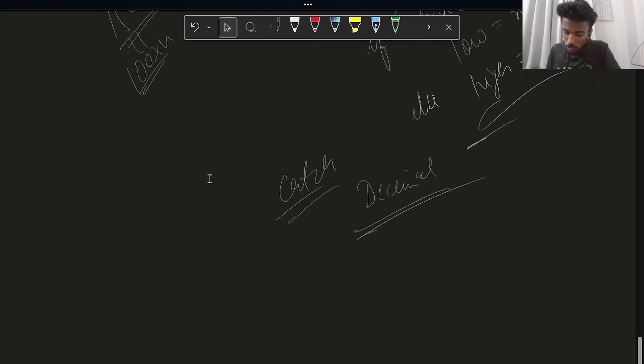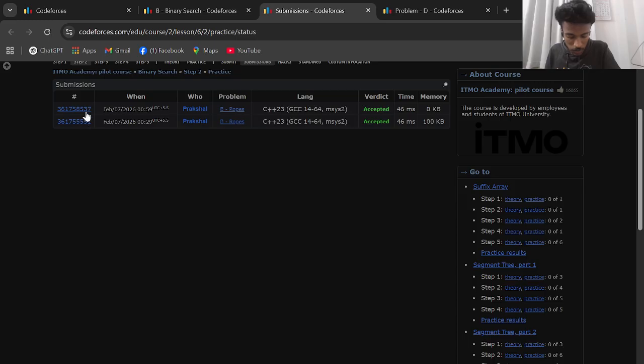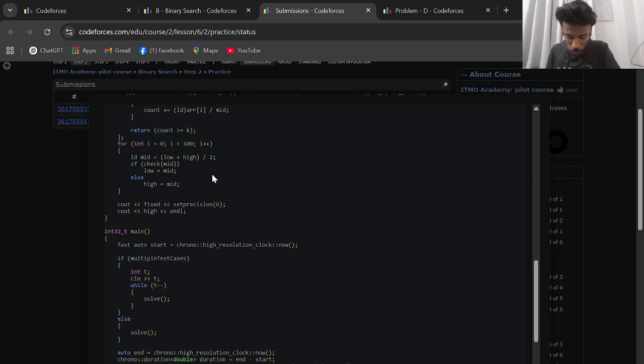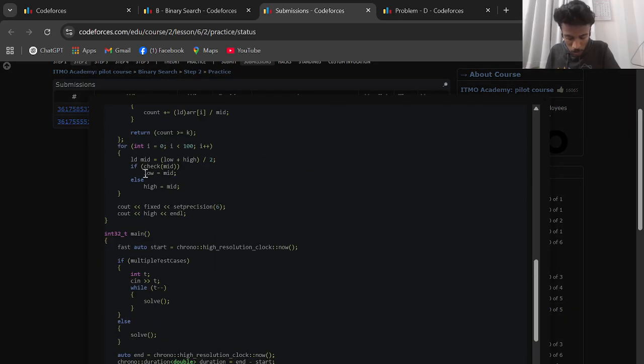So the only thing you need to do here is this trick. And see one thing here: I am not doing low equal to mid plus one, I'm just keeping it as mid, because after 100 iterations it will stop, and we'll get very close to the answer. And one more thing: whenever you need to print up to some precision, like 6 decimal places in C++, you can use the syntax of cout fixed.